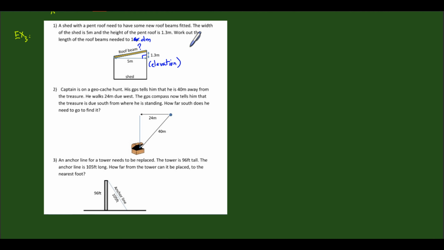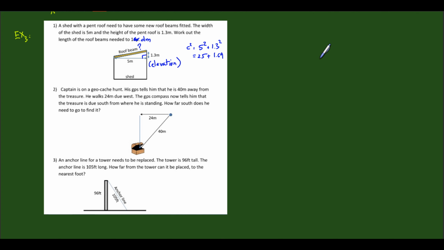So we can find the roof beam: c squared equals 5 squared plus 1.3 squared, right? And you put it into the calculator: 25 plus 1.3 squared. 1.3 squared is 1.69.